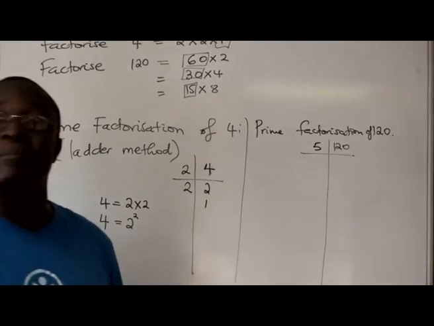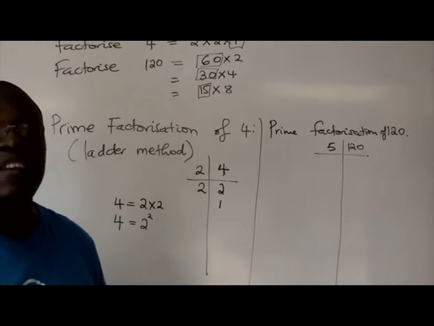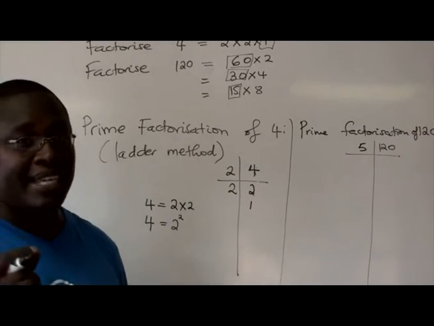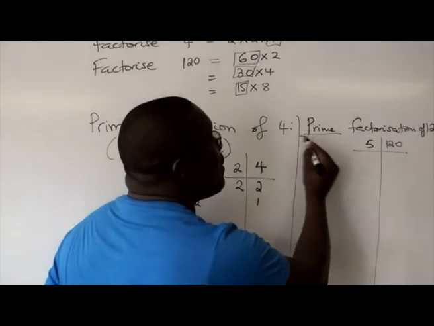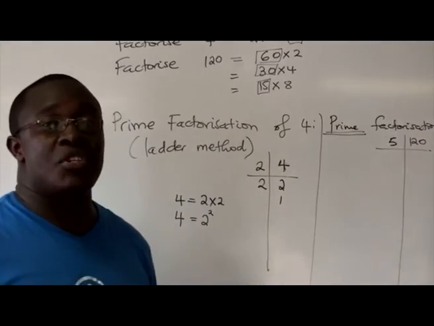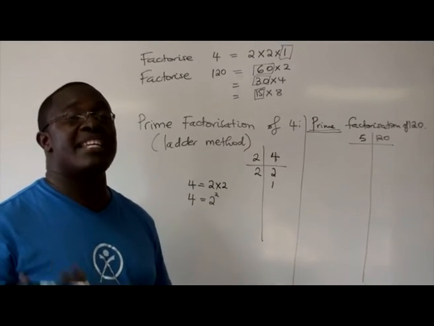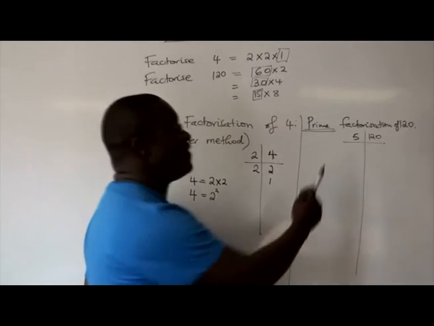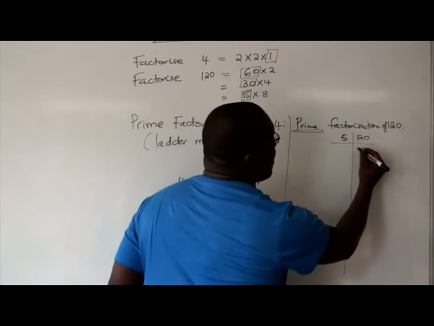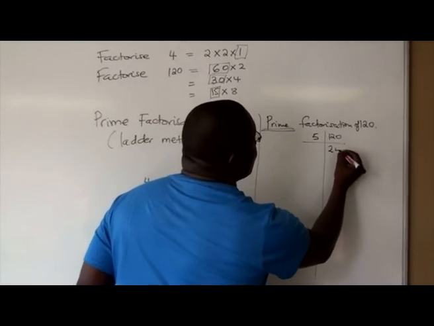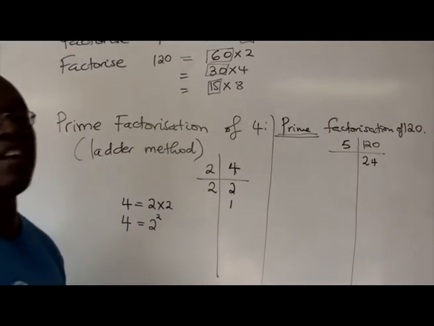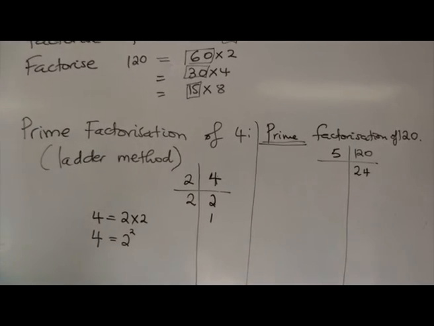Why am I dividing by 5? Because 5 is a prime number, and our goal is to express 120 as a product of its prime factors, and 5 is a prime factor. So 5 into 12 is 2, 4, that is 24. 5 times 24 will give you 120.